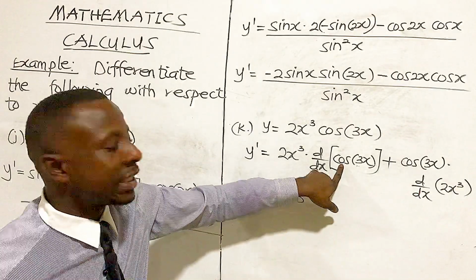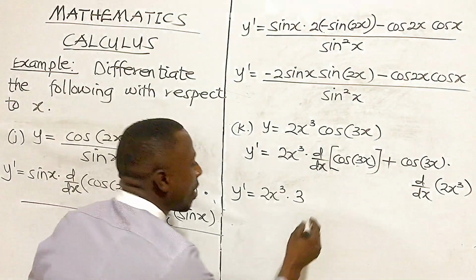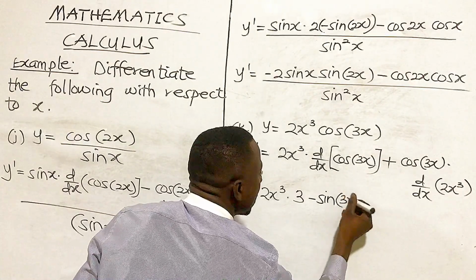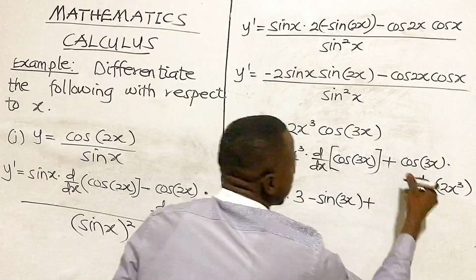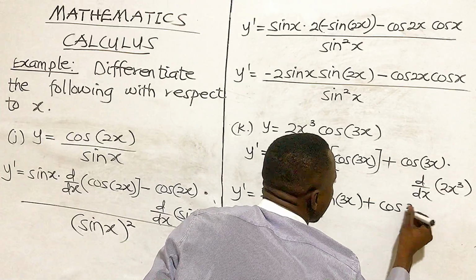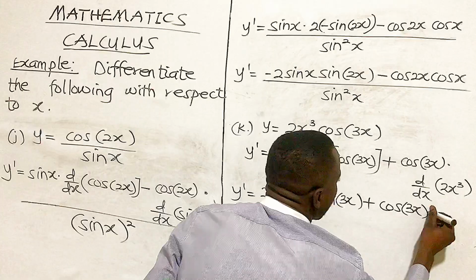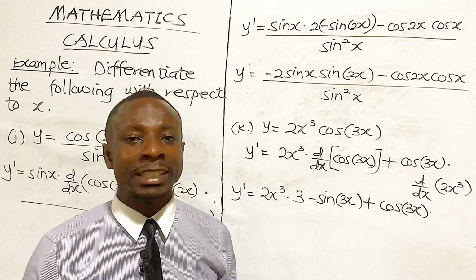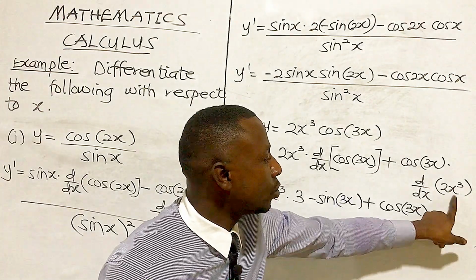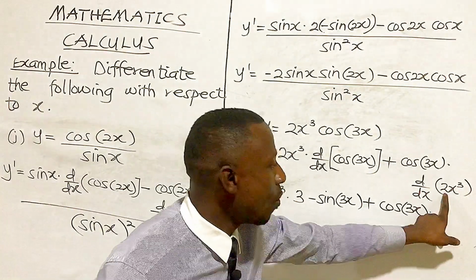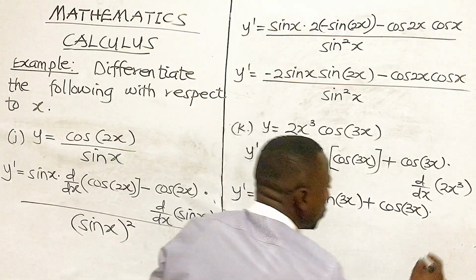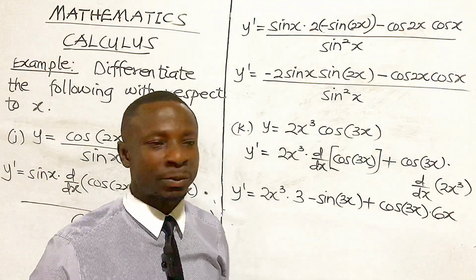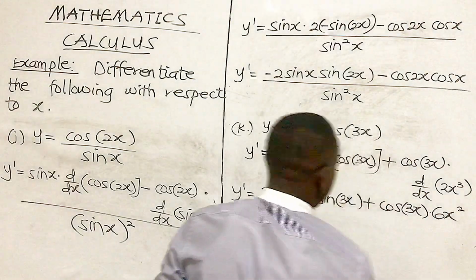Then I'll now differentiate the cos itself, and we have negative sine of the function 3x, plus we have cos 3x, also multiplying the differential of 2x cubed. And when I'm differentiating 2x cubed, the 3 here will multiply the 2. It will give us 6x. Then I'll take 1 from the exponent, giving me 2.